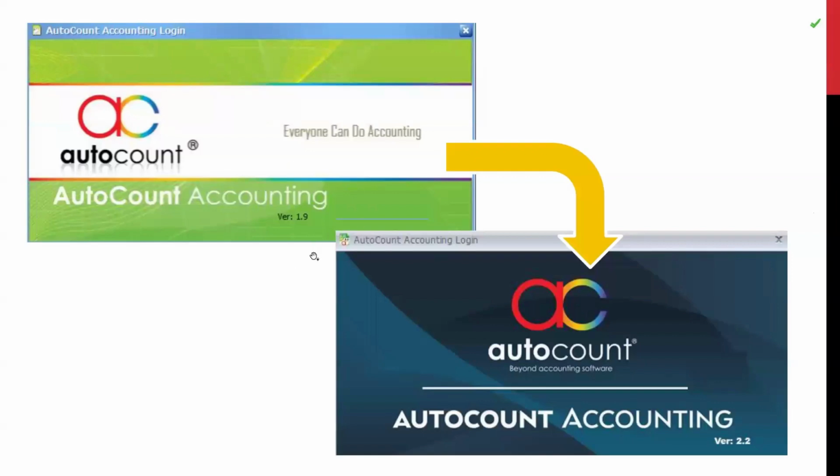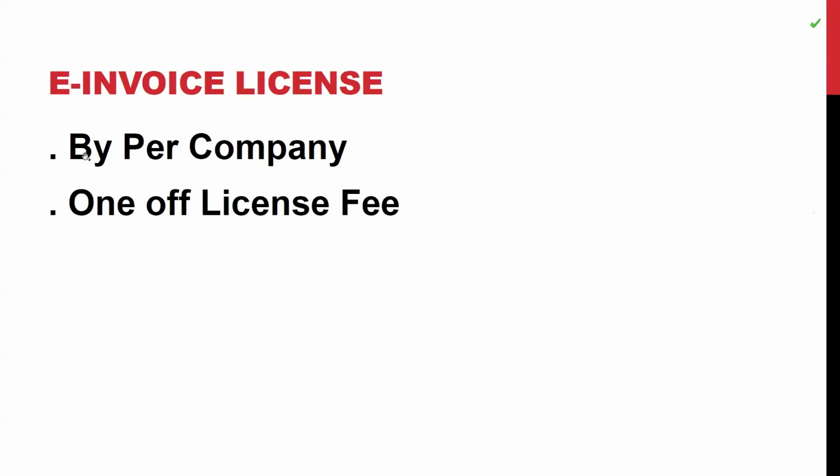The eInvoice module is per company count. When you purchase AutoCount, depending on your license, you might have 3 companies, 5 companies, or 10 companies.